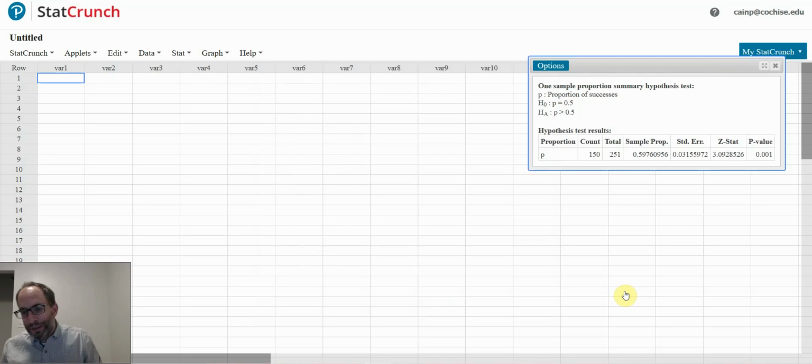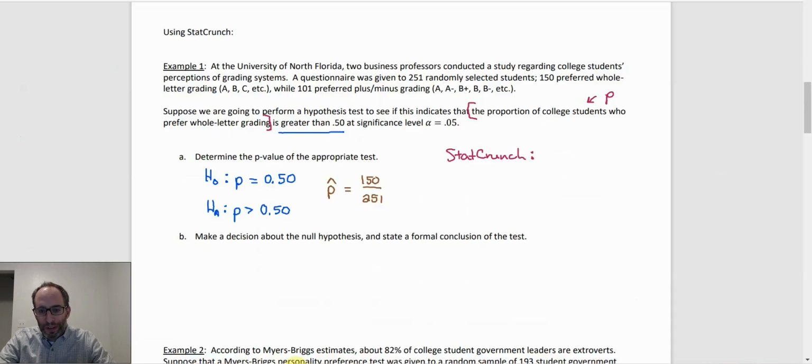The p-value is 0.001. So that's the thing that we were looking for. And notice, if you want it, the test statistic is right next to it. So the test statistic is about 3.093 if you want that. But then the p-value is 0.001. All right. So our p-value was 0.001.